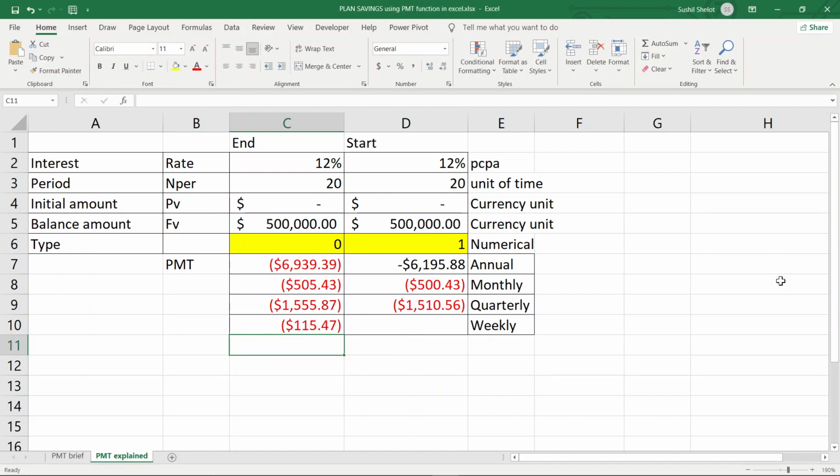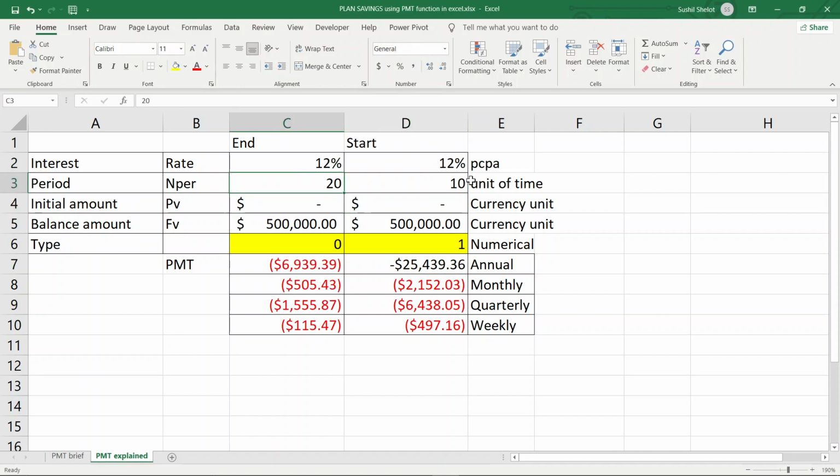So at the end of the week, the person will have to pay $115.47 every week, so that at the end of the 20th year, he will have the saving of $500,000.